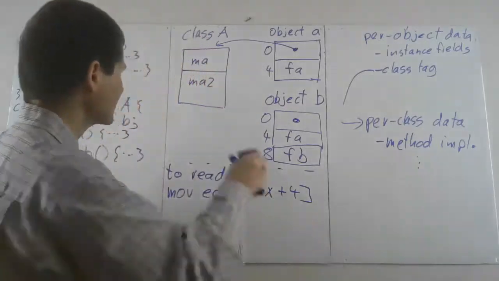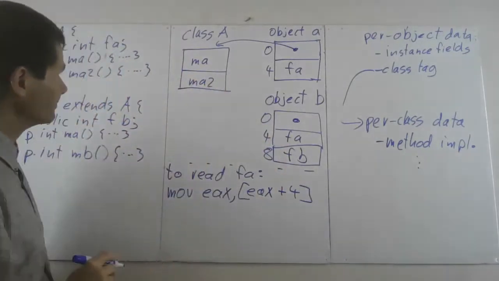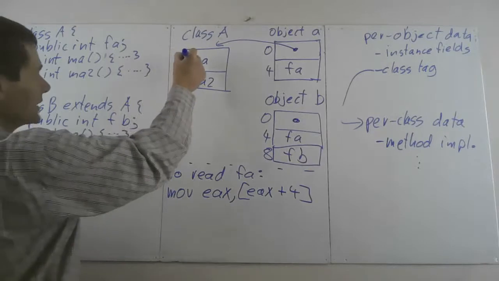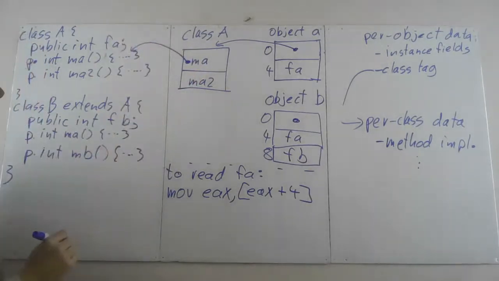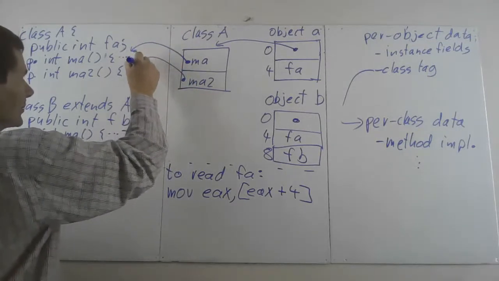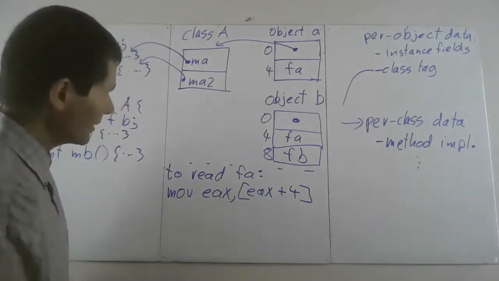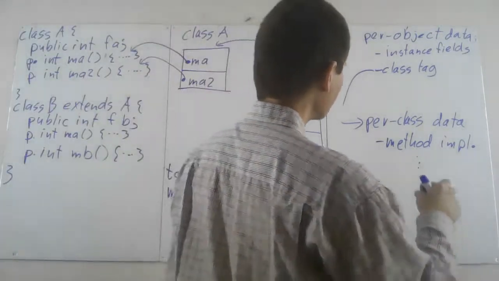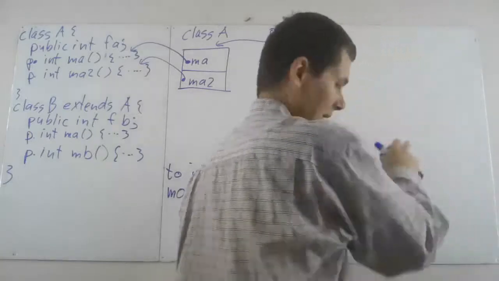These are going to be pointers to the code. The pointer here for MA is going to point here, and the pointer to MA2 is going to point here.